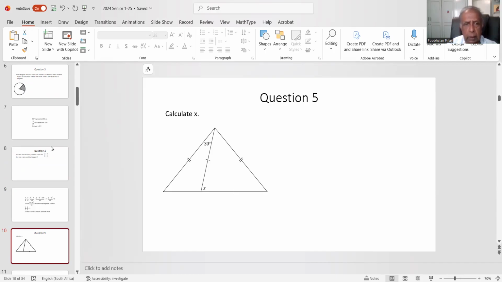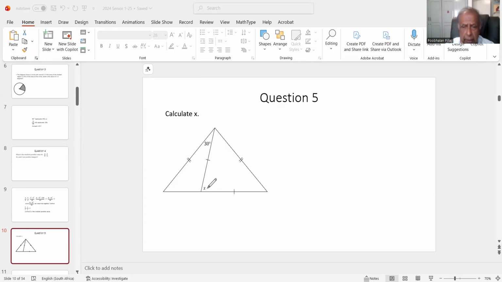You've got a triangle. What kind of triangle have you got? You've got an isosceles triangle. Two sides are equal. And of course, in an isosceles triangle, you know that the angles opposite the equal sides are equal. So two angles of a triangle are equal if and only if two sides of the triangle are equal. Such triangles are called isosceles triangles.